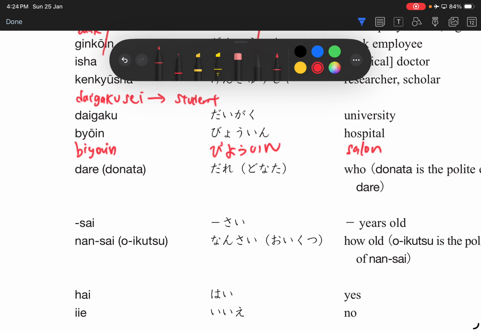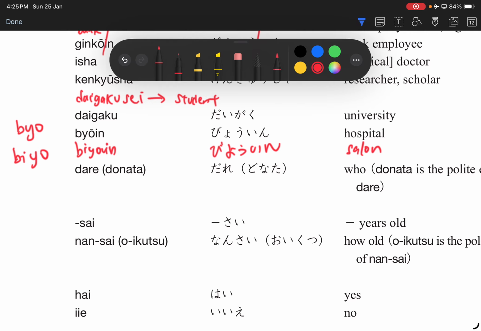So please understand the difference between the contracted sound and the non-contracted sound. Don't use the wrong name when you have a medical emergency. You get in the taxi and say please go to the Byoin, then the person brings you to the salon instead of the hospital. So please use the right one. Is there a difference in the contracted sound? Yes, there is a very big difference, especially in an emergency. You don't want to go to the wrong place. So please take note of the differences.